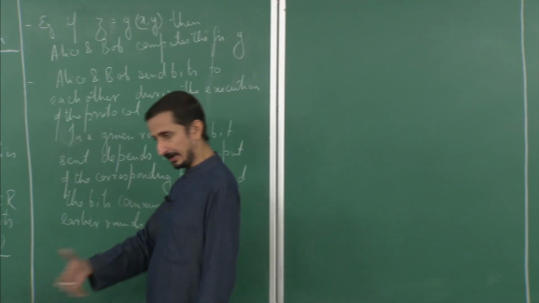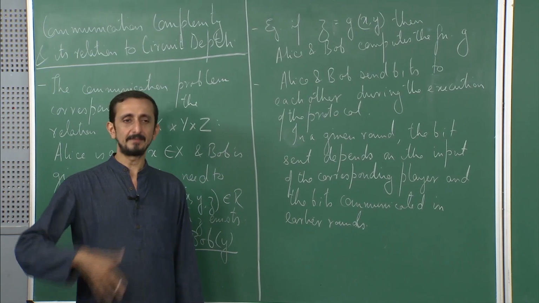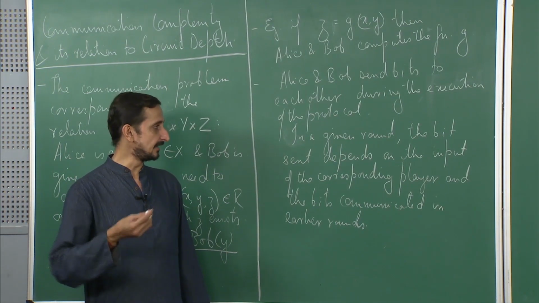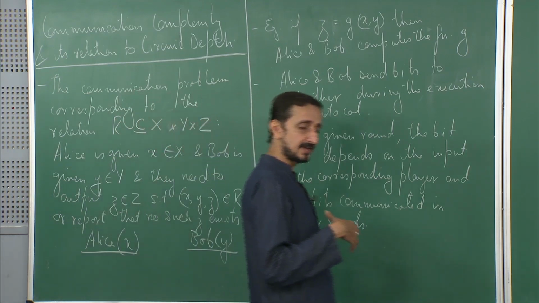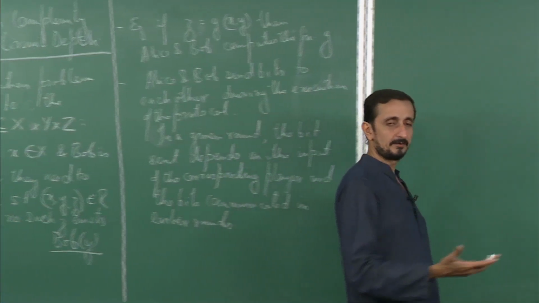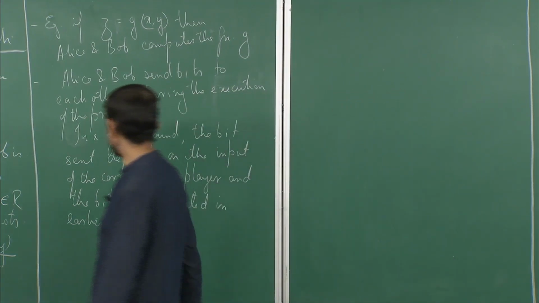So the bit that Bob sends would depend on both of these. And then in the second round, the bit that is sent by Alice would depend on her input x and the bits that were transmitted in the earlier rounds. So this is how the communication proceeds.